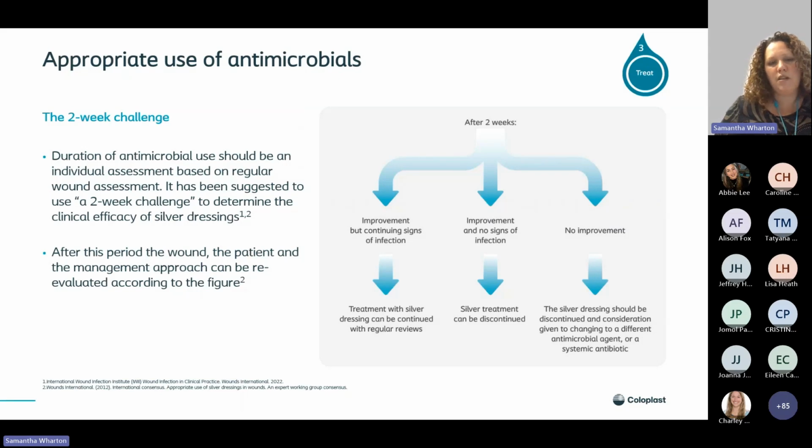And your final option is if after 2 weeks there's been no improvement, then you need to be thinking of other antimicrobials that may be able to support, so changing what dressing you're using.